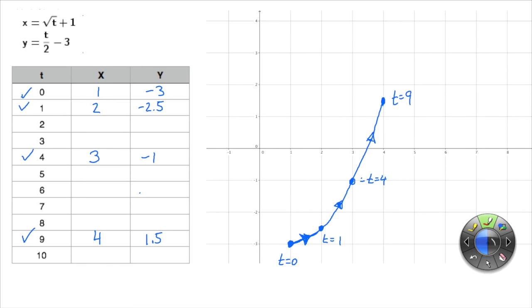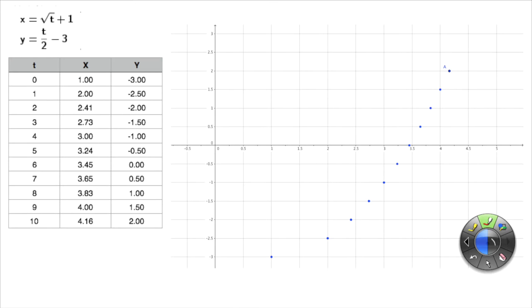All right, so if we look at what this would look like with all the points, we would have 0 through 10 here. These are the x and y coordinates. This is t equals 0, 1, 2, 3, 4, 5, 6, 7, 8, 9 at 1.5, and then finally up here at 10.